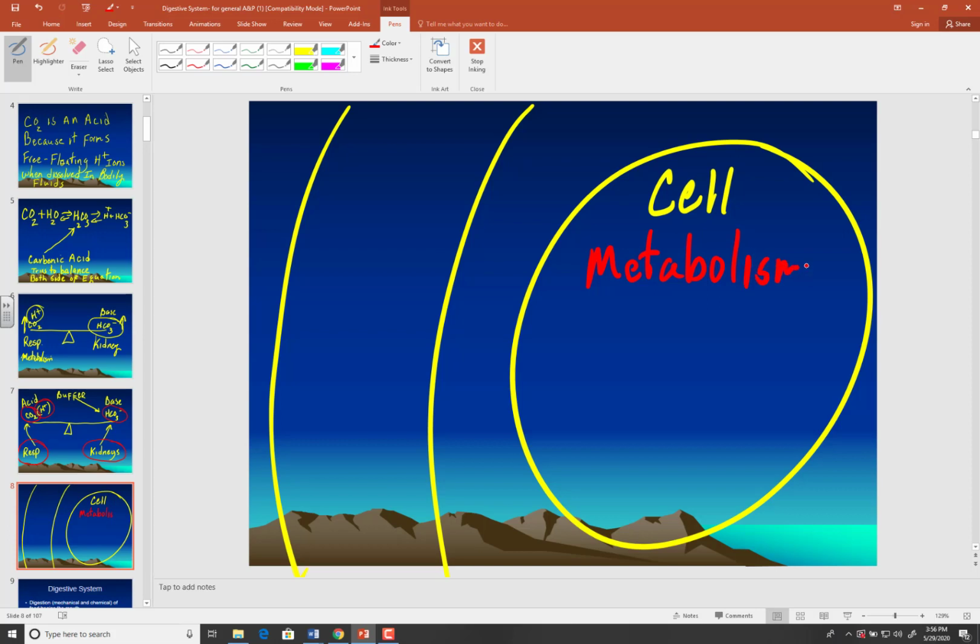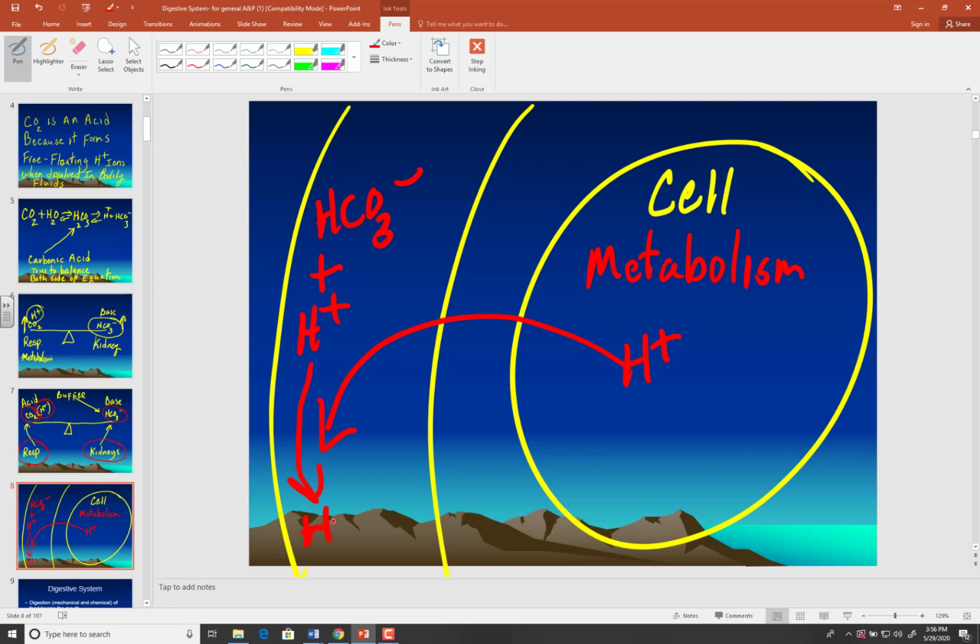Through metabolism, the cells are making more hydrogen ions than normal and dumping them into the blood. You got me? What's floating in your blood that could grab them and then lock them up in carbonic acid?